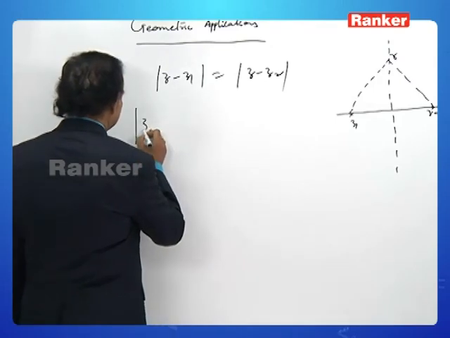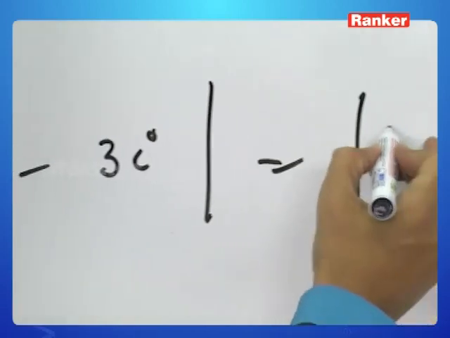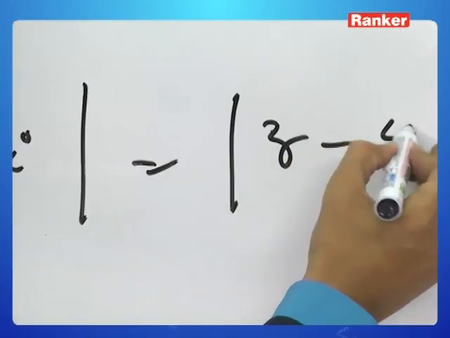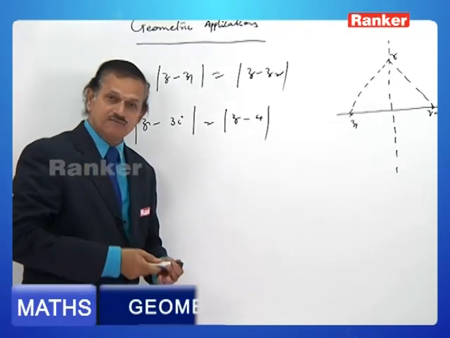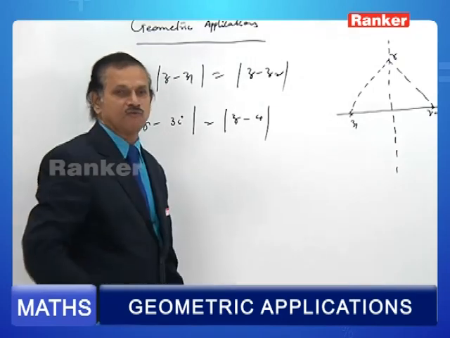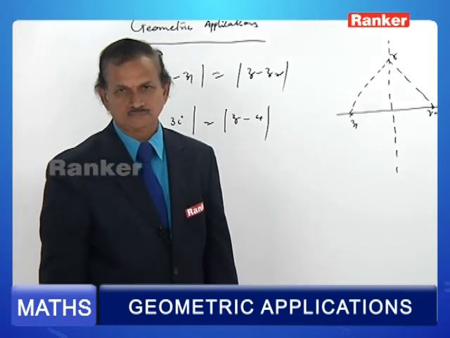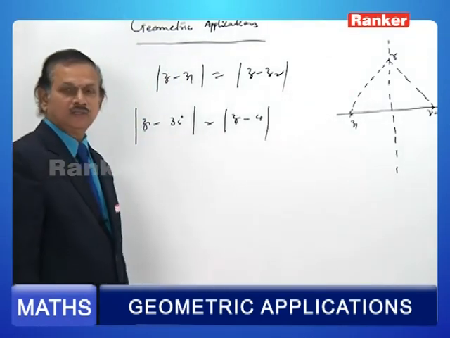Modulus of Z minus 3i is equal to modulus of Z minus 4. Then the locus of Z is, or Z lies on, he gives you some 4 options. What is the locus of Z?